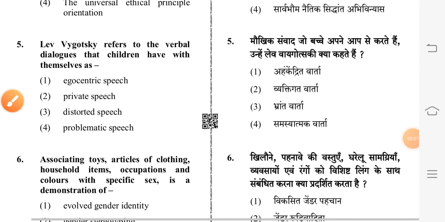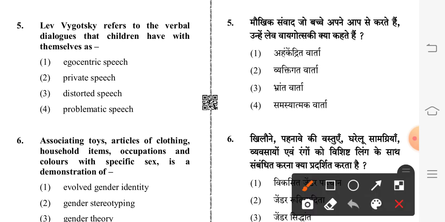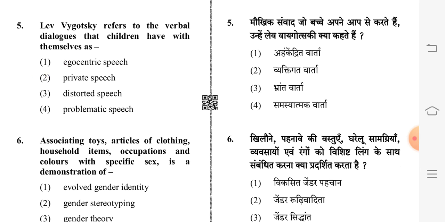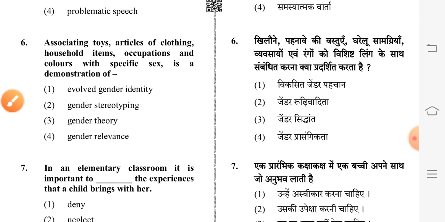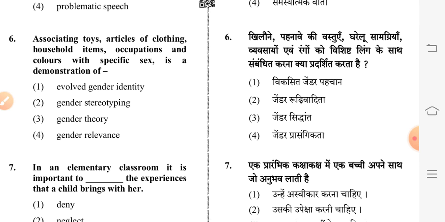Next question, Lev Vygotsky refers to the verbal dialogues that children have with themselves as, second option, private speech. Next question, associating toys, articles of clothing, household items, occupations and colors with a specific sex is a demonstration of what?